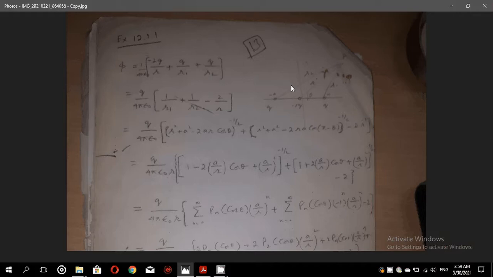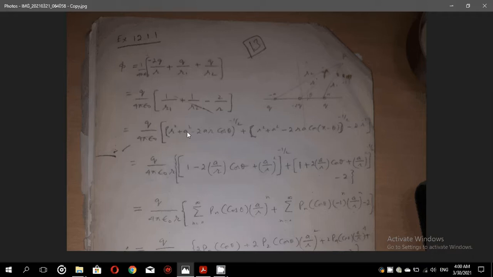Similarly, the value of 1 over r2 will be (r square plus a square minus 2ar cosine of pi minus theta) to the power minus 1 over 2, because this angle for this triangle is pi minus theta. And then we will have minus 2 over r, which I have written as minus 2r to the power minus 1.